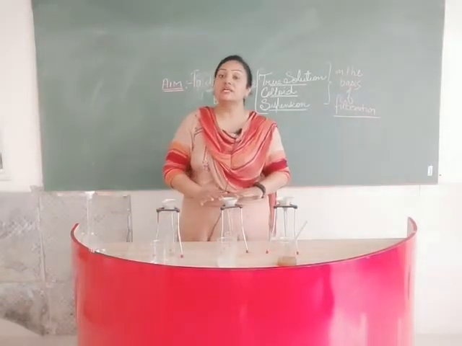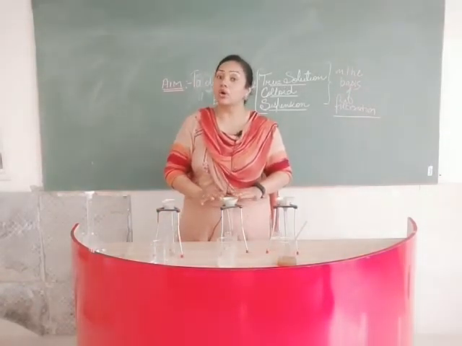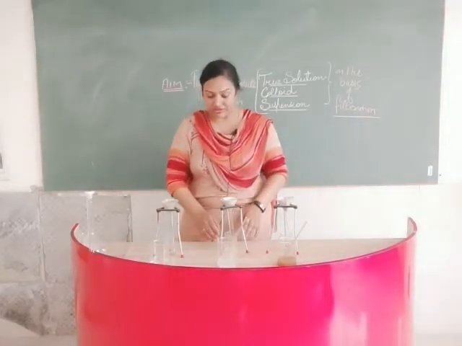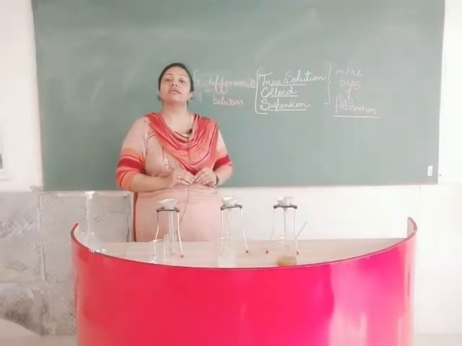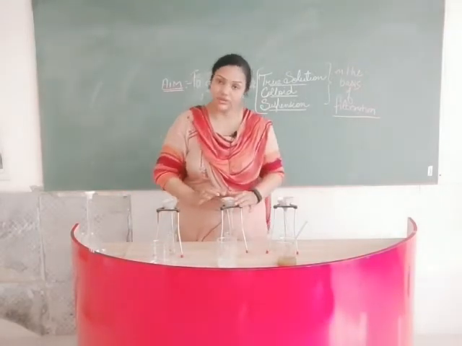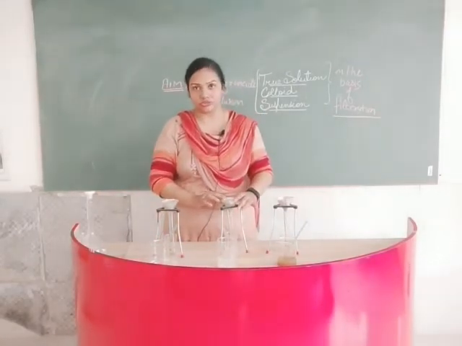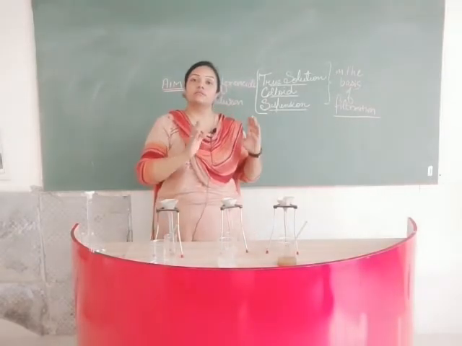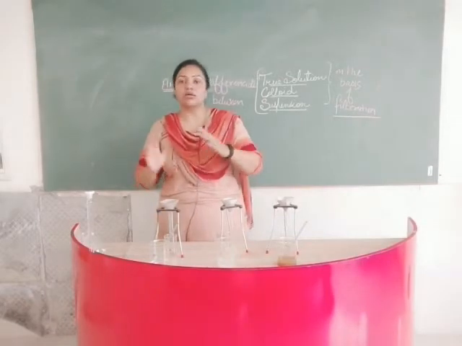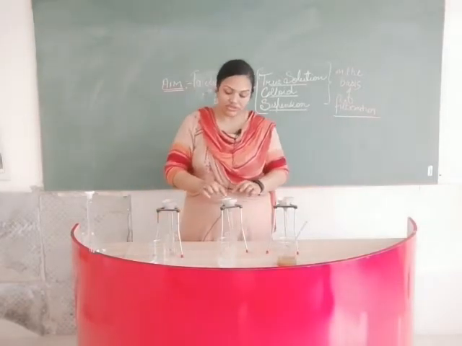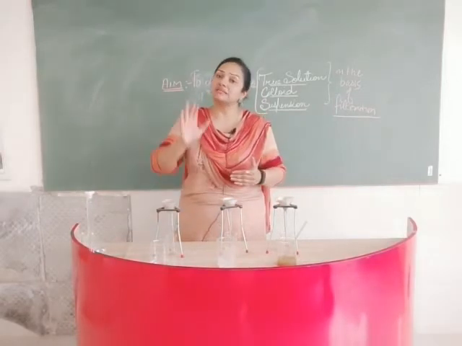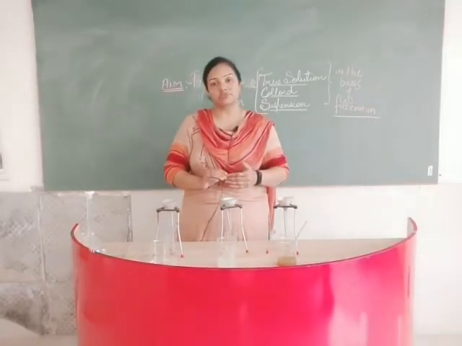This is starch solution. This is a colloid solution. Now, after filtration, you will not get any residue on this also. Why? Because the particles are between 1 nanometer to 100 nanometer and the pore size of this filter paper is also the same. So the particles can easily pass through this filter paper.